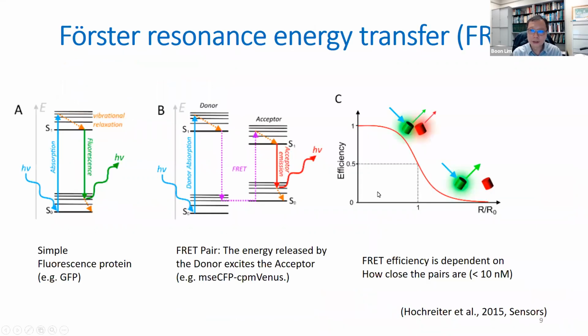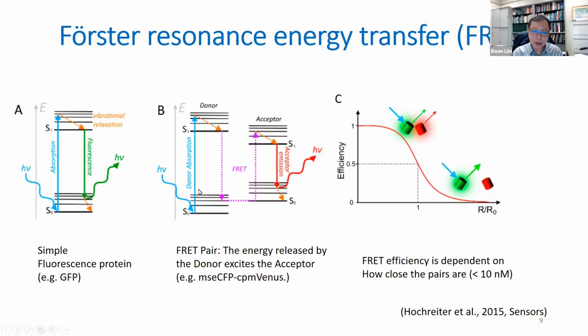So what is FRET? For a simple fluorescent protein, when we use a laser to excite it, when the electron jumps back to the ground state, it will emit some energy in terms of light energy. So this will emit fluorescence.